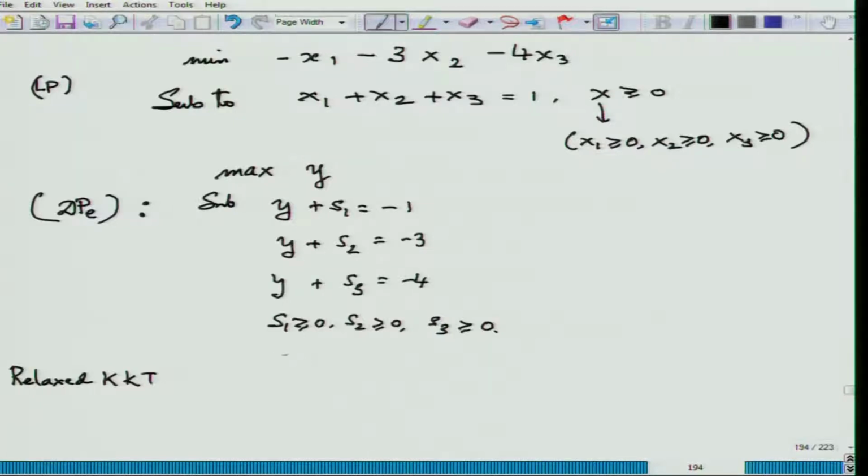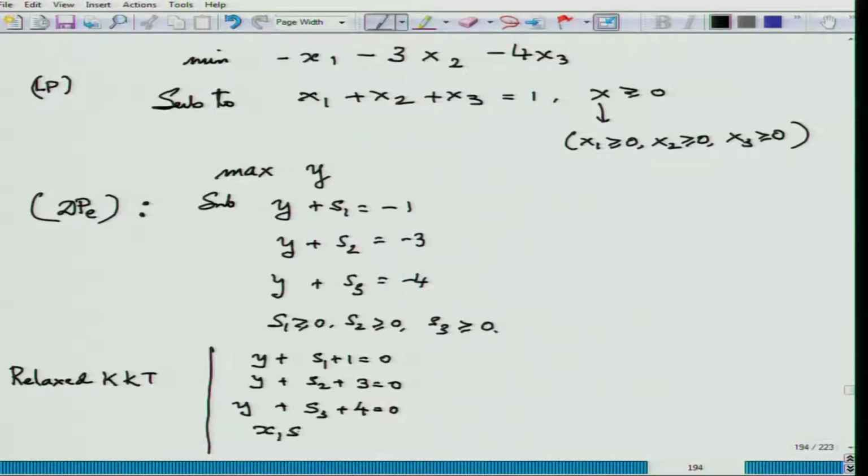The relaxed KKT is this system: y plus S3 plus 4 equal to 0, x1 S1 equal to mu, x2 S2 equal to mu, x3 S3 equal to mu.